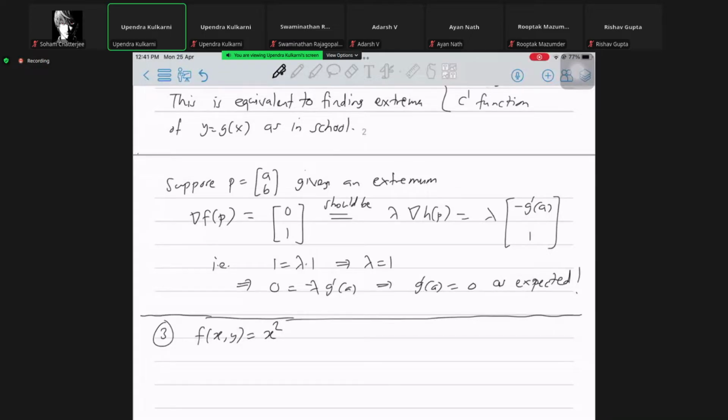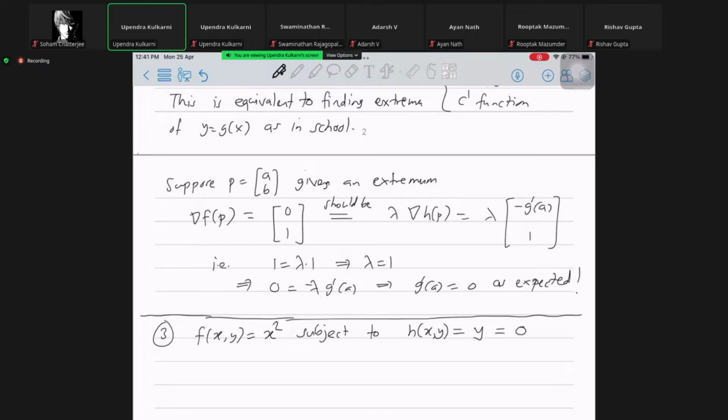Okay, so now do this. So my objective function is x squared, and my constraint is subject to y equal to 0. Okay, so this may appear kind of dumb, and it is, but I want you to work this out and see what happens.